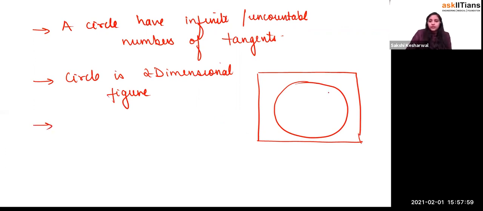Now, if I take this point P, this is the center, right? I'm taking a point Q and I'm taking the point T. Now you see that the circle divides the plane into three parts, right?